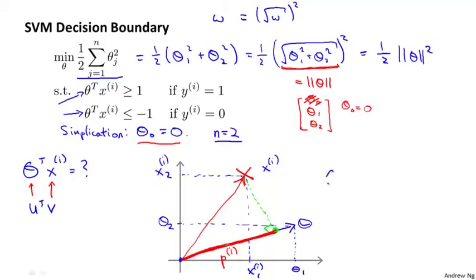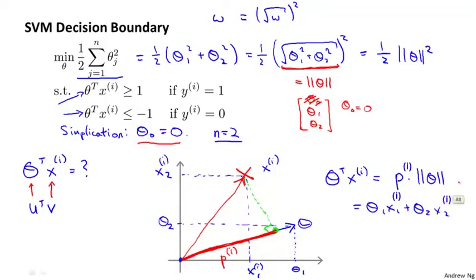And so theta transpose xi is equal to, following what we had on the previous slide, P times the length or the norm of the vector theta. And this is of course also equal to theta 1 x1 plus theta 2 x2. So each of these is an equally valid way of computing the inner product between theta and xi.